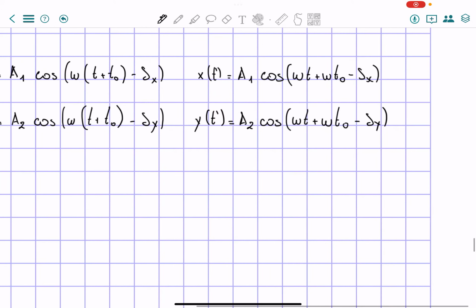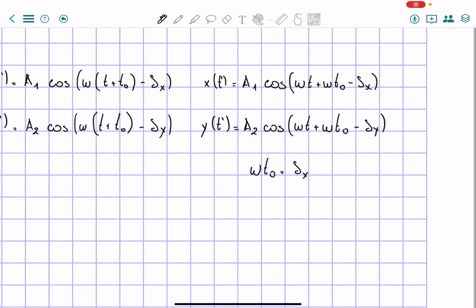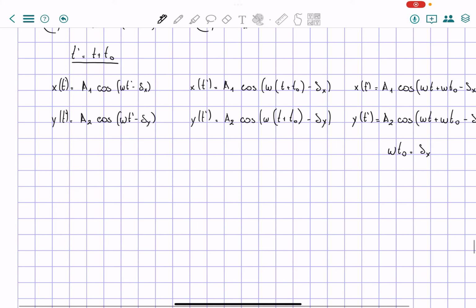Now, one of the things I'm going to do is set wt naught equal to phase shift x. So let's rewrite our equation.